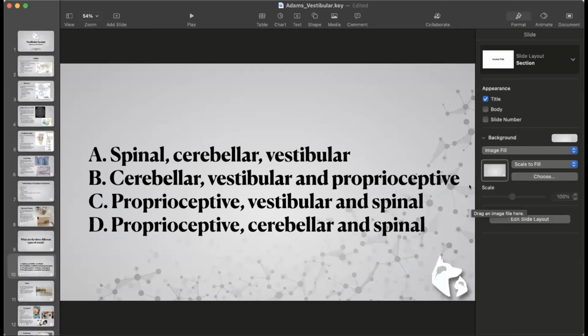Couple more for A. About 30 more seconds.